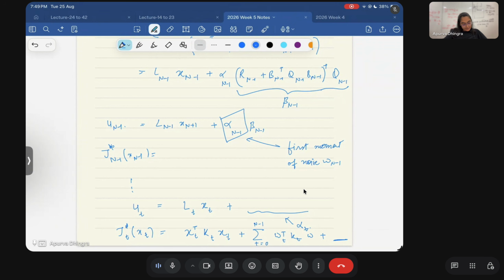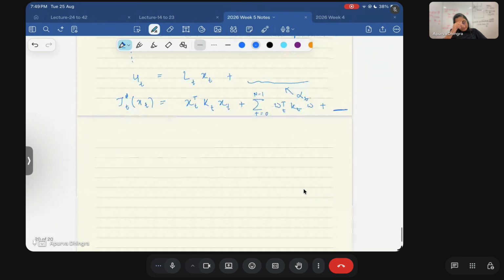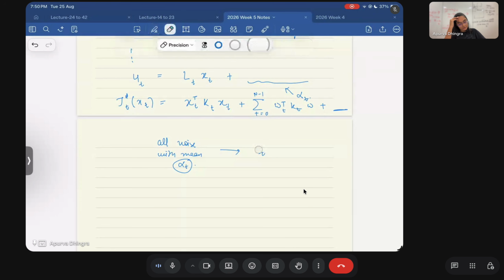Okay, so what exactly happened here? What we have done is all noise with mean alpha t, so for each t, is captured in just the presence of this alpha t in the offset. So ut has the term that depends on xt and the term that depends on alpha t. There could be other terms, that's okay, but that's it.